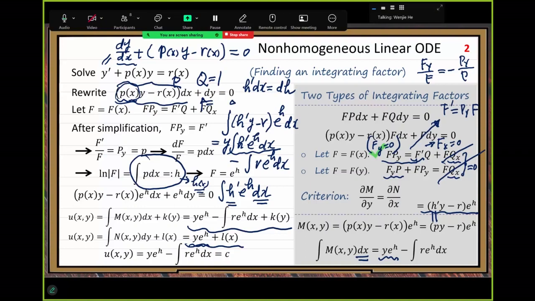Y times e to the h, you can divide by e to the h, and you get y equals a certain function of x. This means we can write a simpler version of the solution, the explicit form of the y function. So the last step, we write the explicit form.